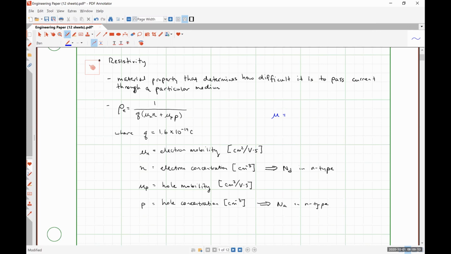Is it the average velocity that the electron can get to before it hits? So it is related to the carrier velocity, but it's the carrier velocity divided by the applied electric field. You guys are all close, so that's great that you've remembered something.